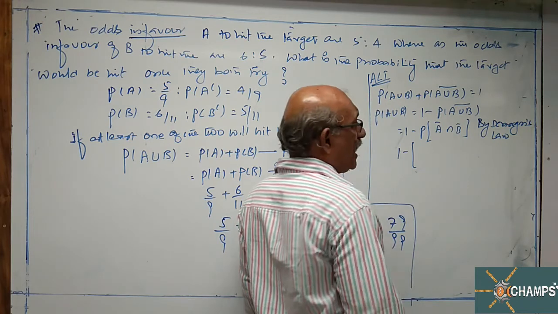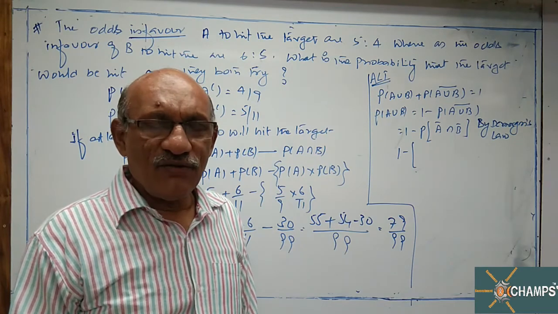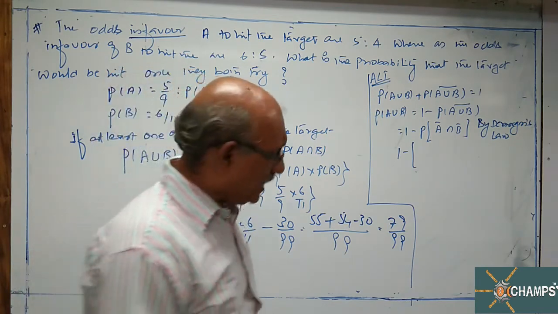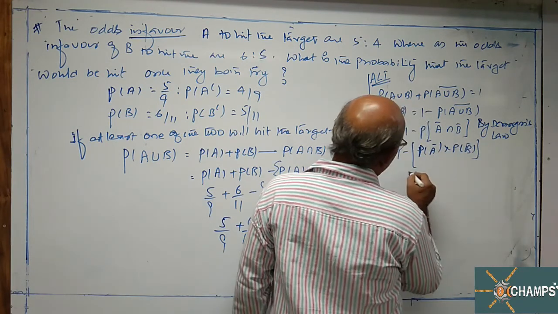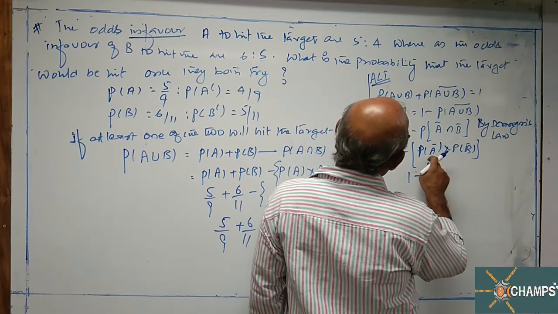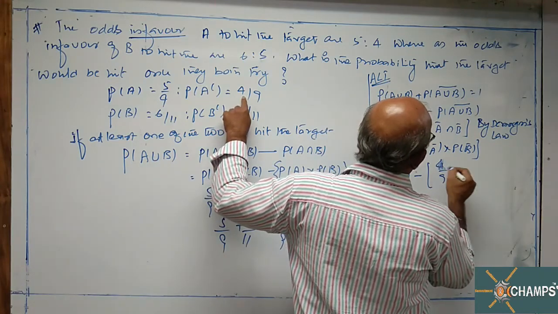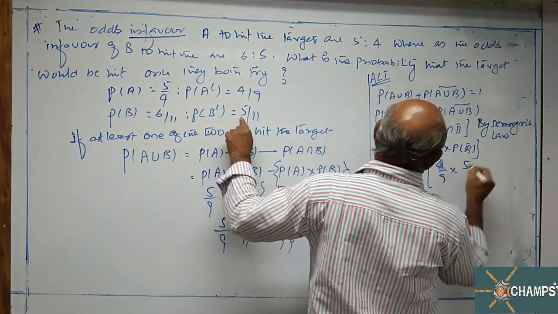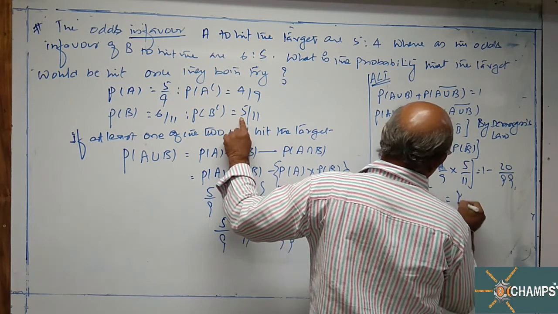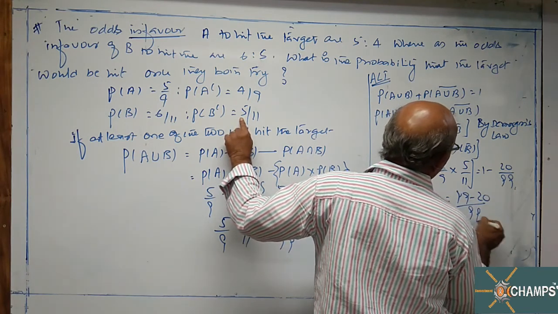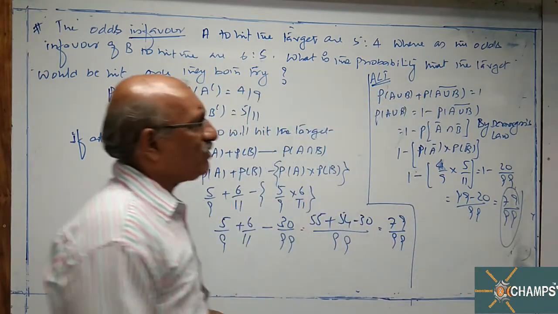When A and B are independent events, their complementary events are also independent. So 1 minus P of A complement into P of B complement. A complement is 4 by 9, B complement is 5 by 11. 1 minus 20 by 99, that is 99 minus 20 by 99, 79 divided by 99. You will get the same answer.